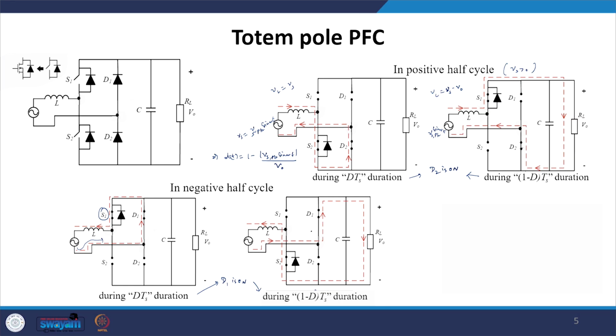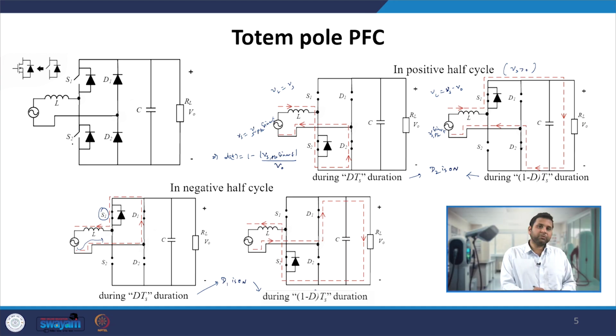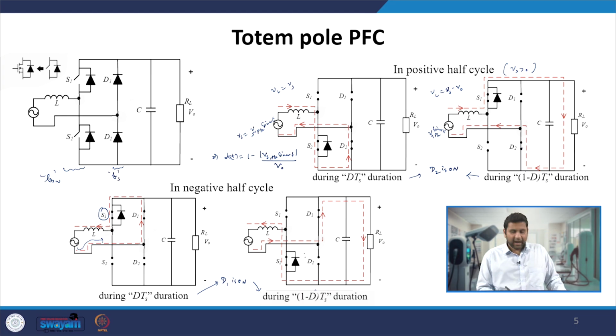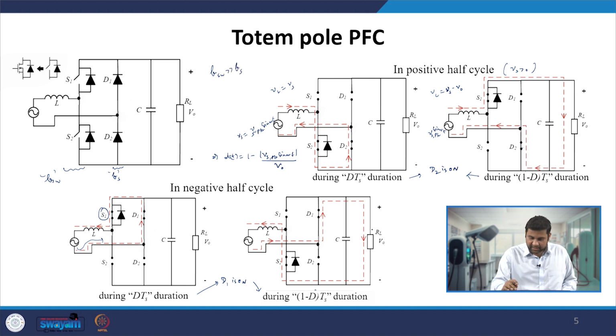So what we infer is, in this particular totem pole PFC, we give S1 and S2 duty ratio in such a manner that only S1 and S2 switch with high switching frequency, which is Fsw, while D1 and D2 switch with line frequency, which is Fs. And we know that Fsw is very much greater than Fs.